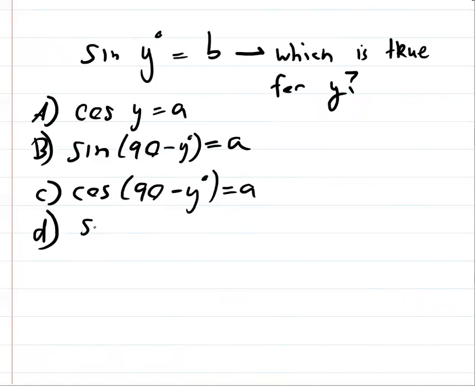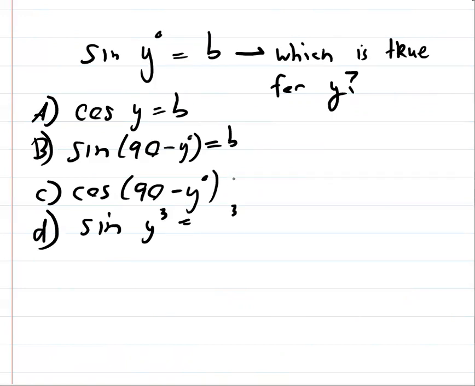Or is the sine of y to the third power equal to a to the third power? So you've got some options. So this is something you might see on the SAT. If the sine of y degrees equals b, and I'm realizing I should have called those b, so a little human error there.